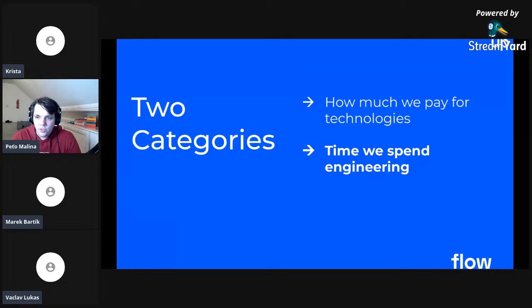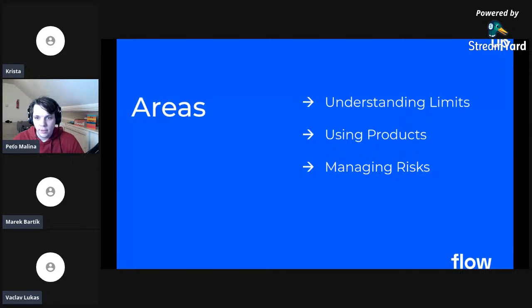What we want is to move to technologies that help us pay less and at the same time spend far less time engineering on them. And these two categories also have three verticals, or areas as I call them: understanding the limits of the technologies we use, using products, and managing risks.